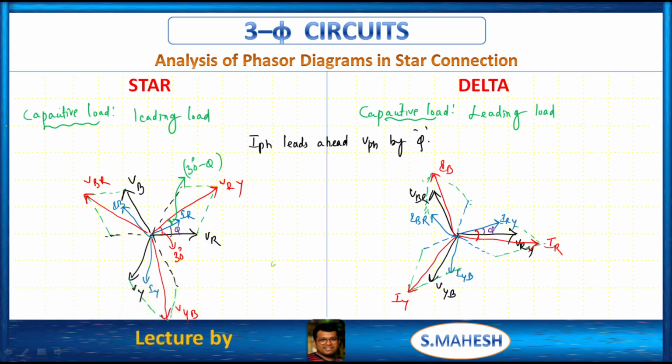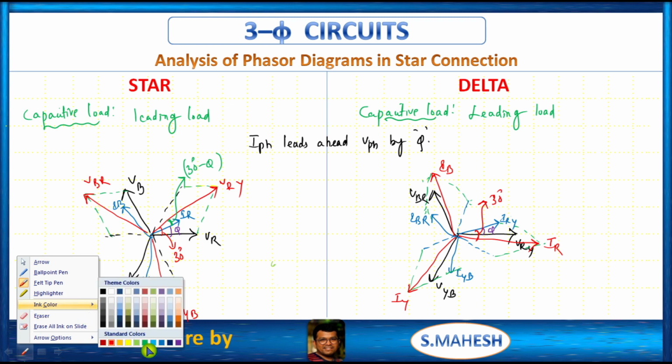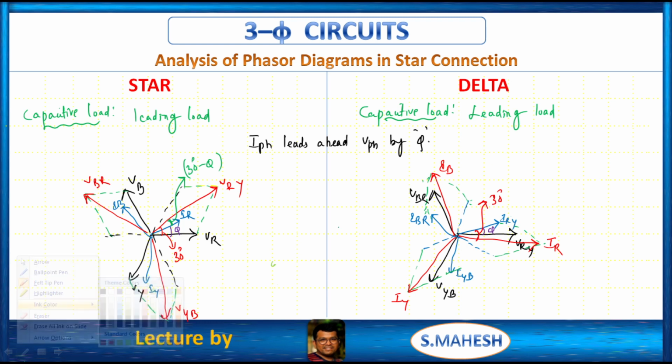This is 30 degrees. Then what is the phase angle of this? From here to here phi. From IRY to IR 30 degrees.